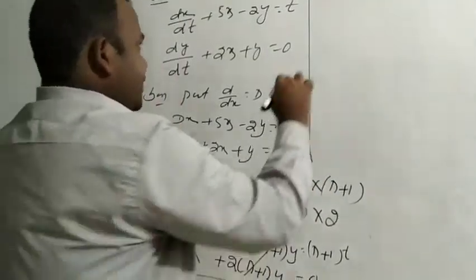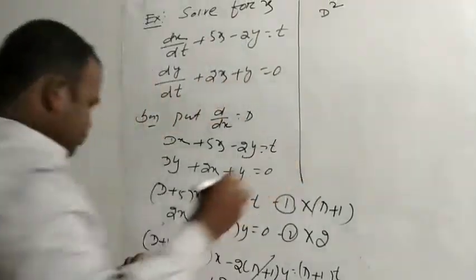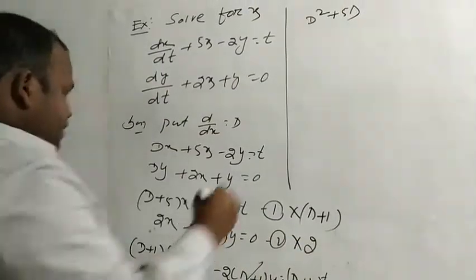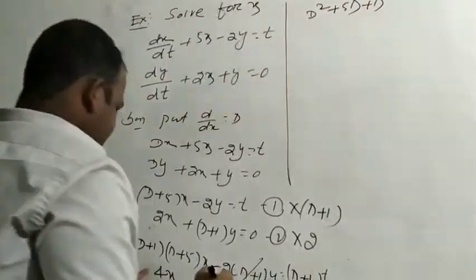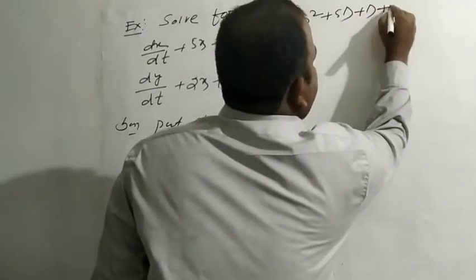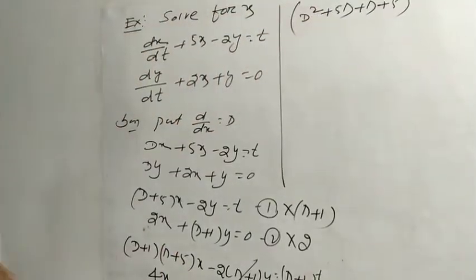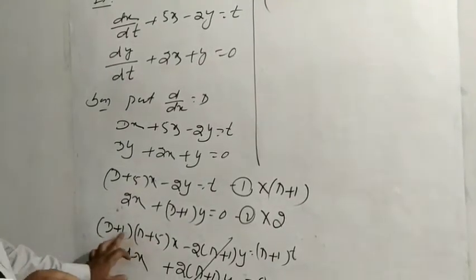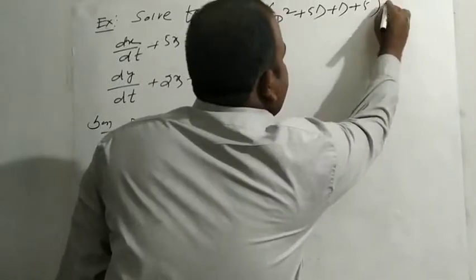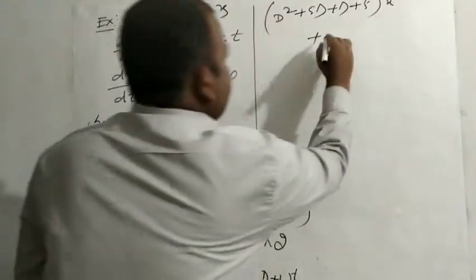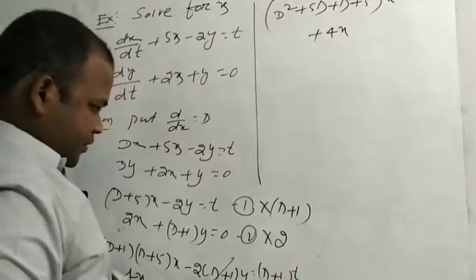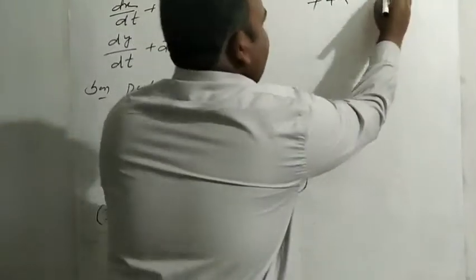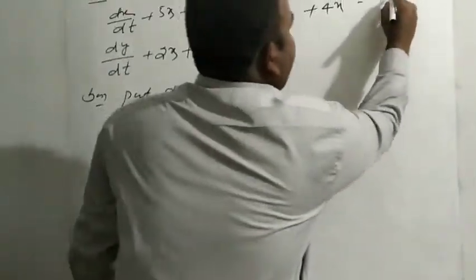So this is D squared plus 5D plus D plus 5, into x, plus 4x, equals the derivative of t, which is 1, plus t.